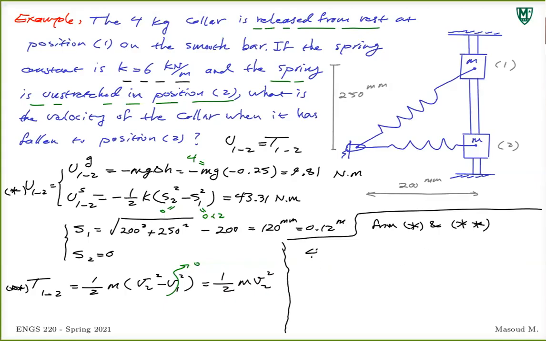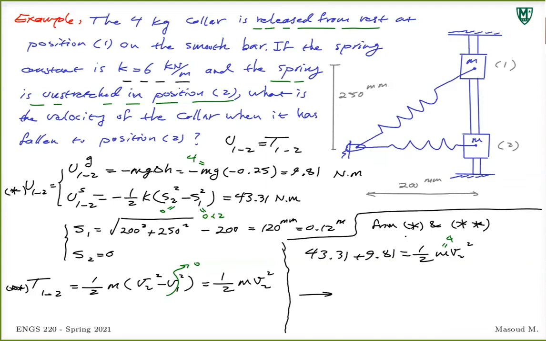So that becomes 43.31 plus 9.81 is equal to 1/2 m V2 squared. We also know m, I should have plugged that in. I gave you 4 kilogram. Yeah, that's 4 kilogram.